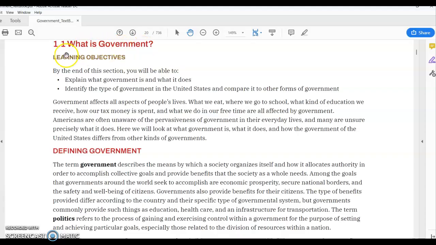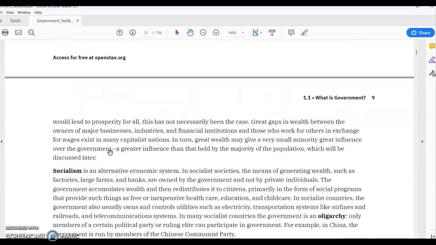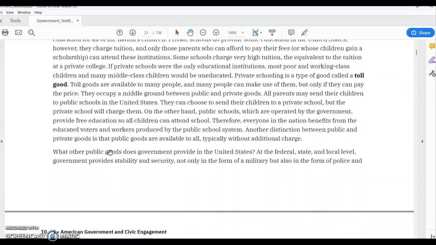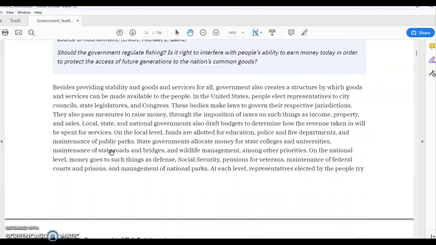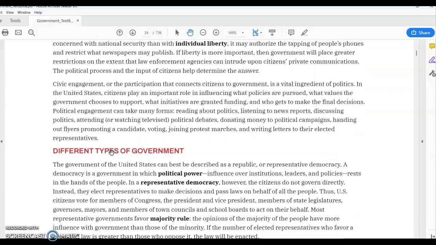What is the government, which is your first one, and then the subtopic is defining the government, and the second one for this topic is different types of government.